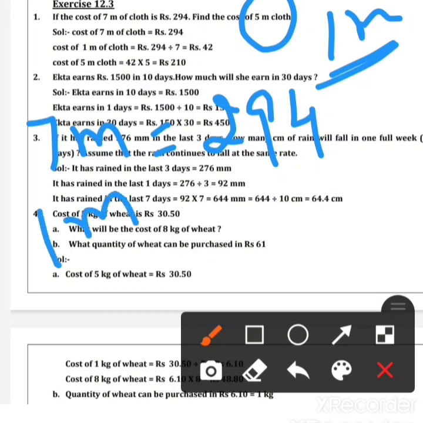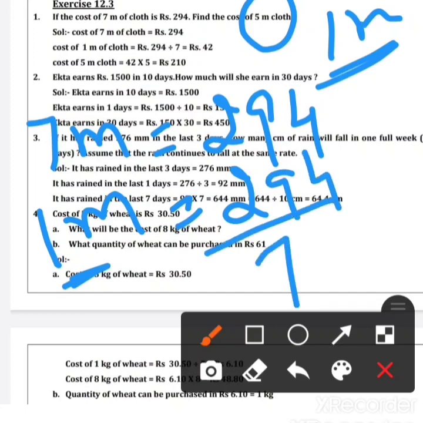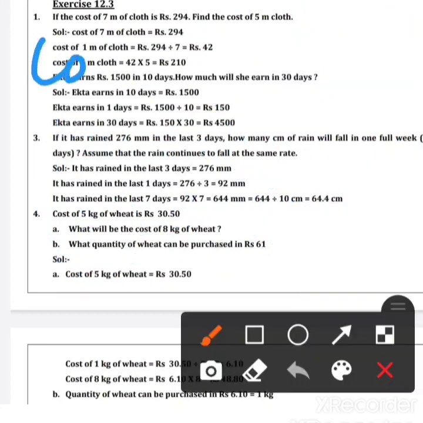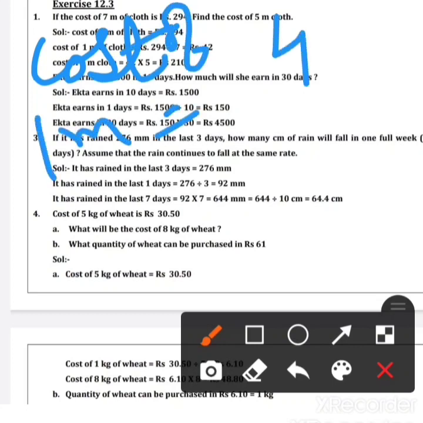First we find the cost of 1 meter of cloth, that is 294 divided by 7. After dividing 294 by 7, we get 42. It means the cost of 1 meter of cloth is equal to rupees 42. Now the cost of 1 meter of cloth is rupees 42, then what will be the cost of 5 meters of cloth?